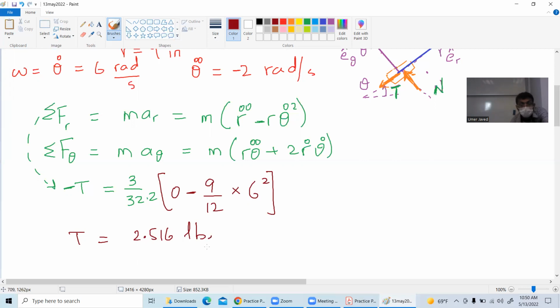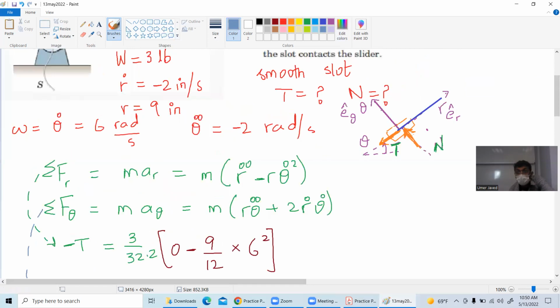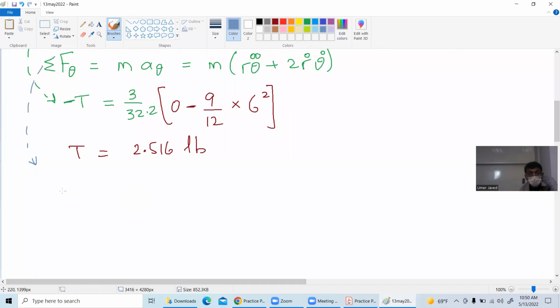Okay, lbf. Similarly, I will give you summation of force in the theta direction. The normal force is in what direction? Positive theta direction. So I will have positive N equal to m a_theta.